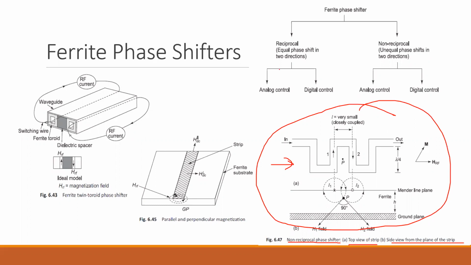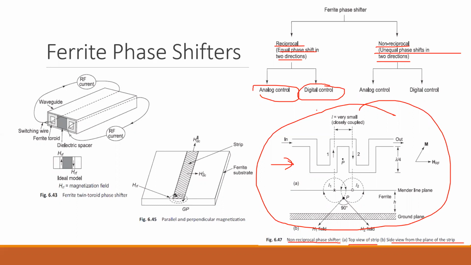Here, we again have the reciprocal shifters, which provide equal phase shift in both directions, whereas non-reciprocal shifters provide unequal phase shifts in the two directions. Now we have analog control and digital control. In analog control, if an analog phase shifter is used, the phase is controlled by varying either the magnitude or the direction of the magnetization vector, which is applied using the static field.